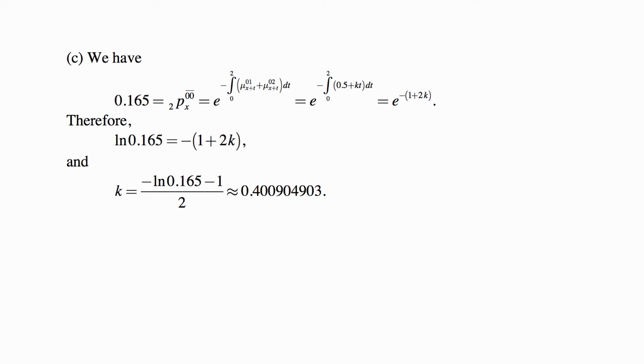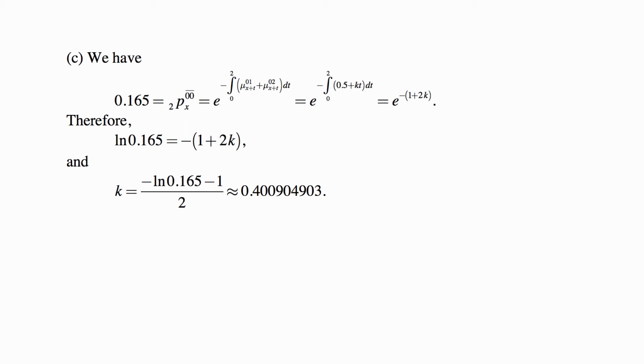The force out of the state, so in this case it's mu01 plus mu02 because we're talking about state 0. So the integral from that, in this case from 0 to 2 dt. The sum of the forces is 0.5 plus kt, so we need to take the integral of that expression, which will be, well, 0.5 is a constant, so that's no problem, and then kt, k is a constant we know, so it will be 1/2 t squared, and we evaluate it from 0 to 2, and we end up with e to the minus 1 plus 2k.